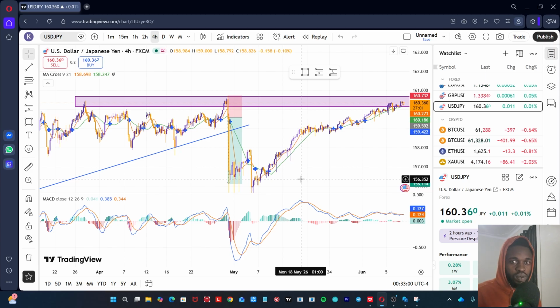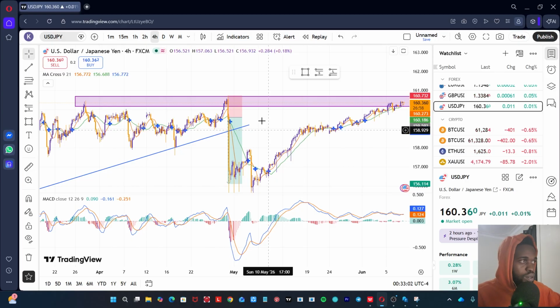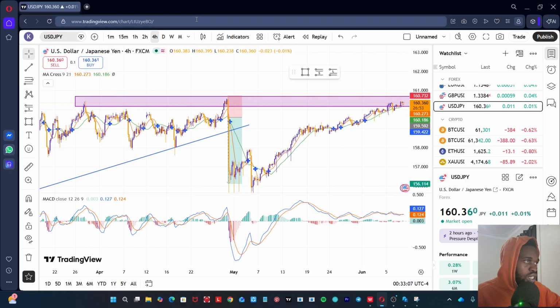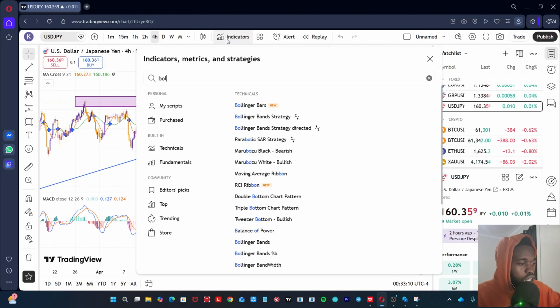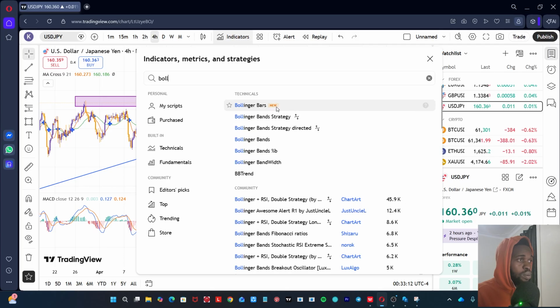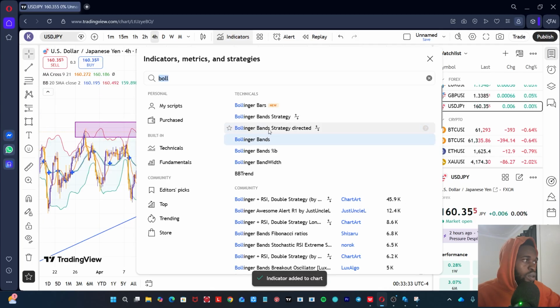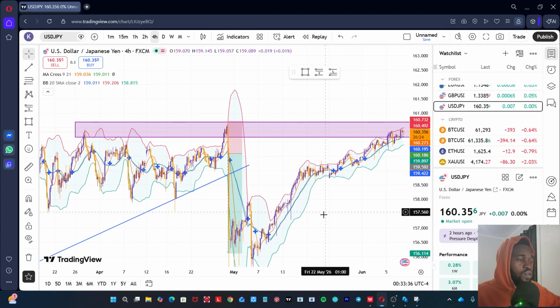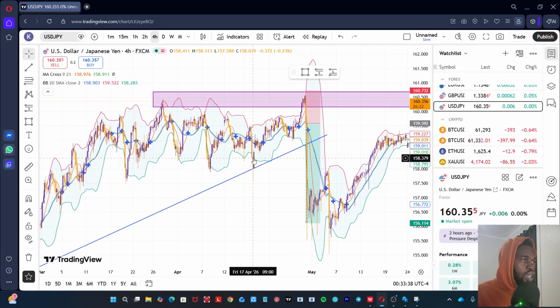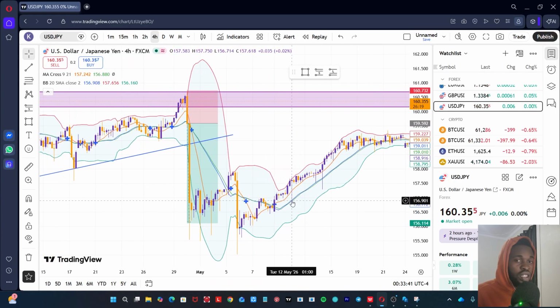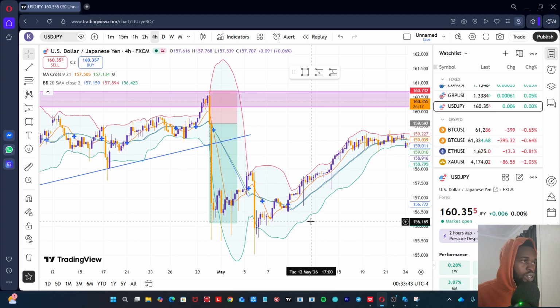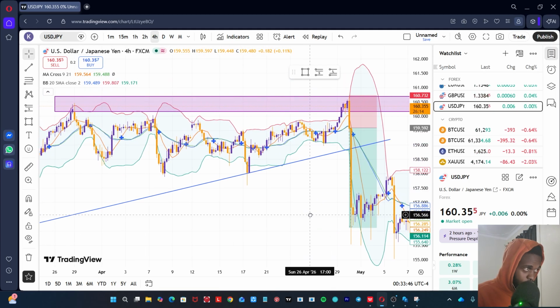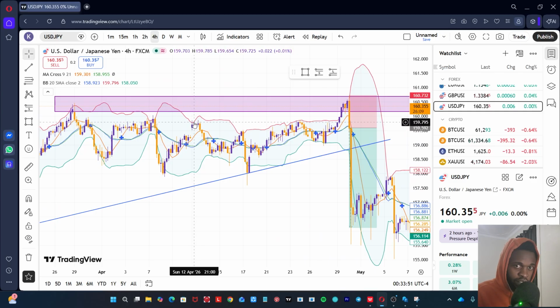So we have what we call Bollinger Bands. You go here to indicators and then add in those Bollinger Bands. You just type Bollinger Bands, and you add it to the chart. As you can see, they act as a dynamic support and resistance to the market, whereby when you get a rejection of the red band, that means that is a dynamic resistance.